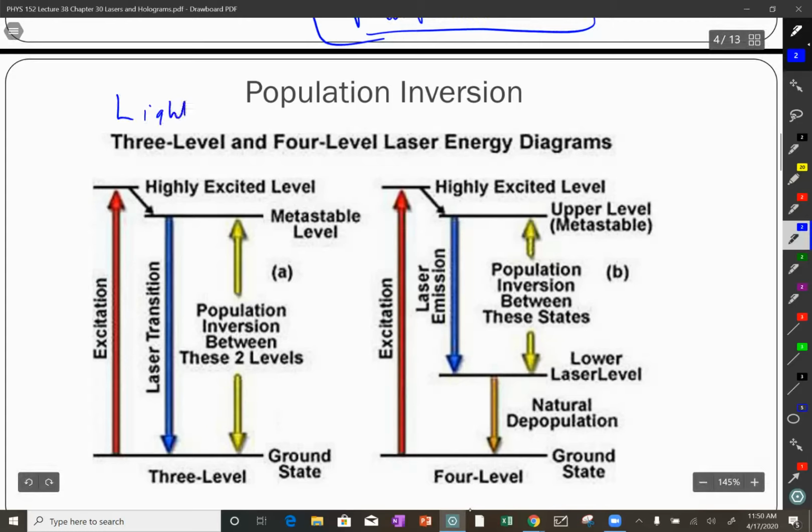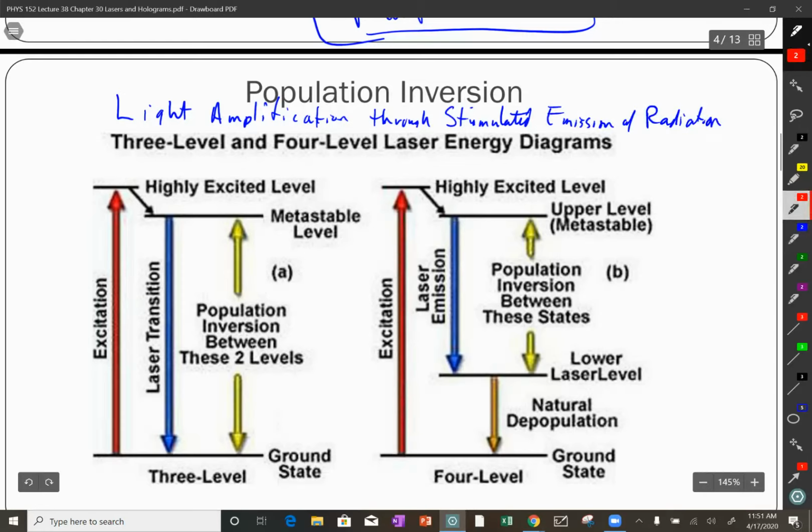light amplification through stimulated emission of radiation.